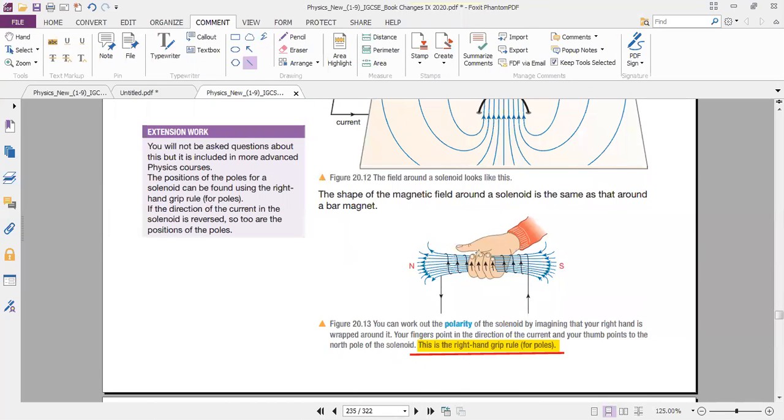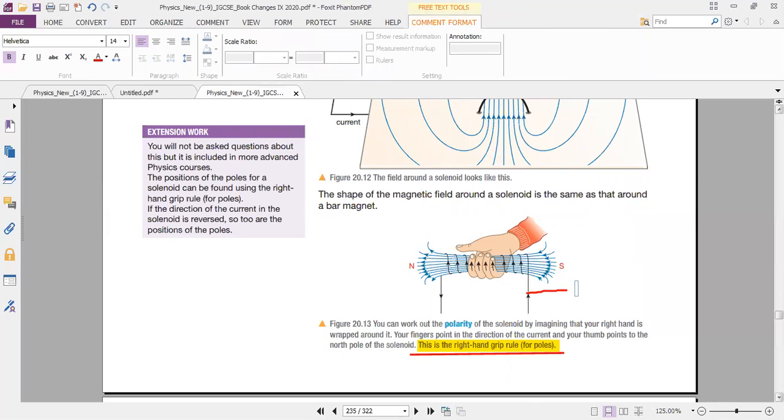Now these black lines, this is the flow of current. This black line indicates the direction of current. And you see the north pole and south pole, and this is a coil.